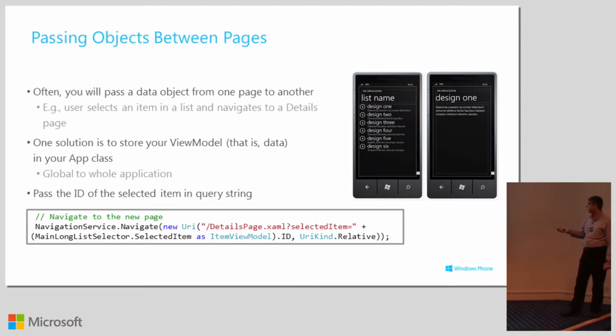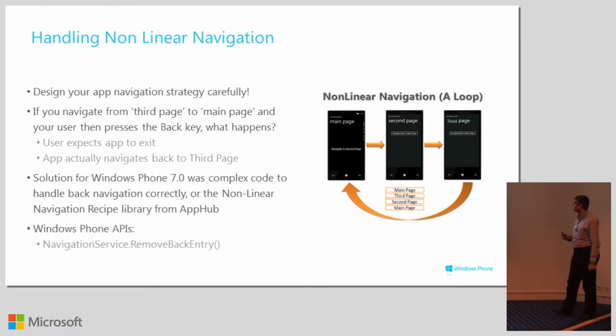In our case, I want to pass the selected item to the second page. Rather than taking the whole selected item as is, I can just take the ID and pass it to the second page. On the second page, since it's a global object, it will retrieve it from that global object and bind it to my page. I will show you in the demo.